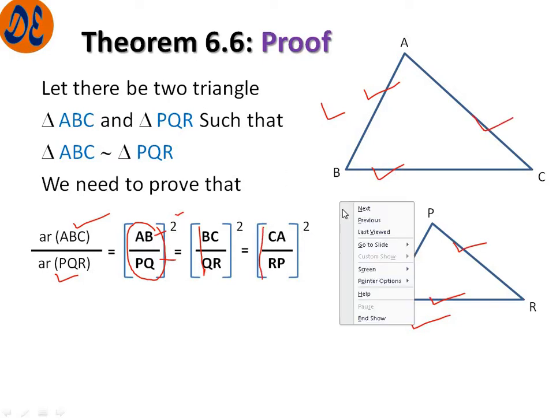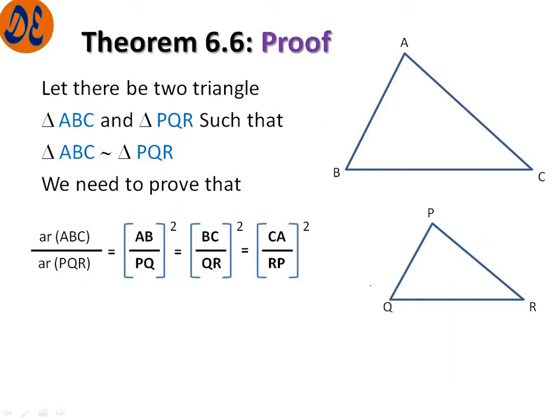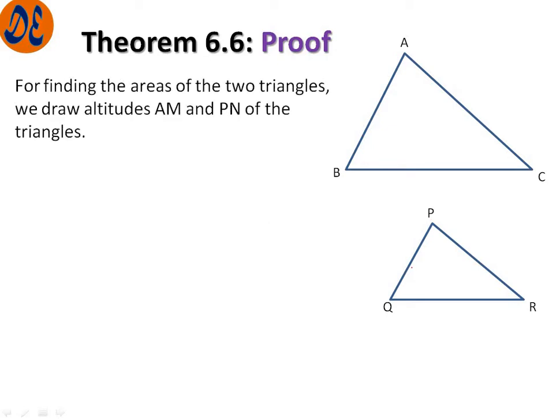So we can take any corresponding side, and the ratio of the areas will be the square of the ratio of the sides.